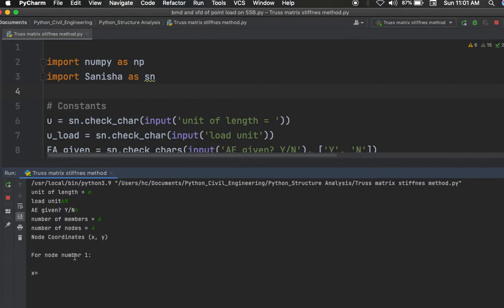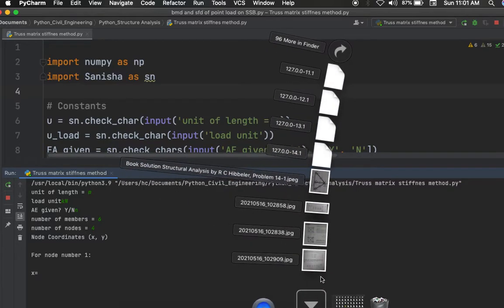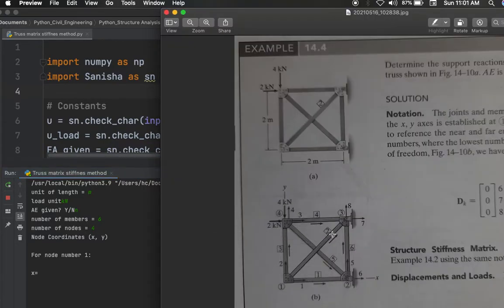Then for node 1, it is asking you to put the x and y values. In order to put these x and y values, you have to choose a particular coordinate system. Okay, you have to choose the origin. It is advised to choose the origin such that all the nodal values of x and y are positive.